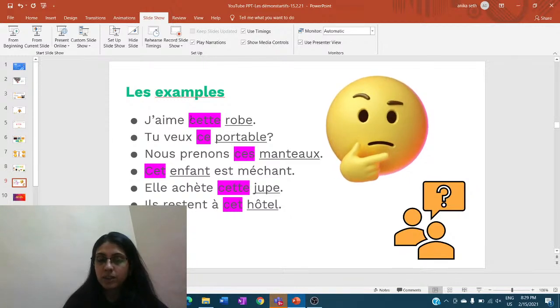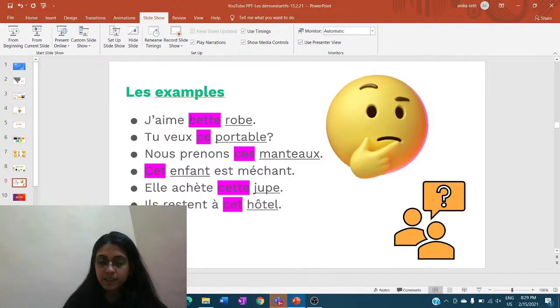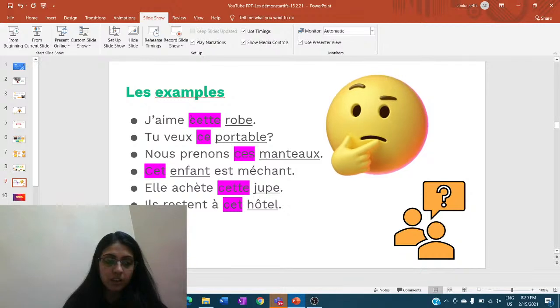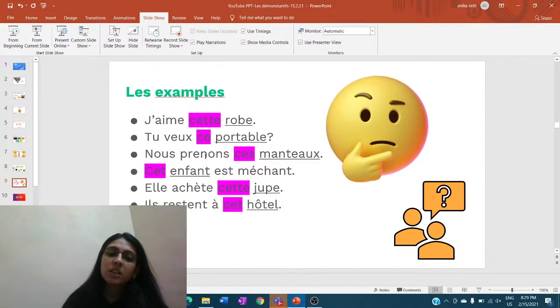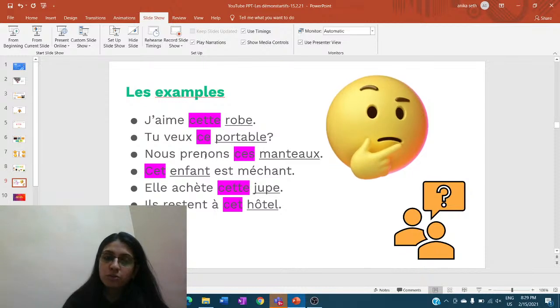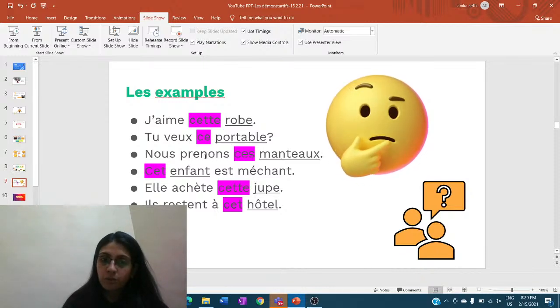I like this dress or that dress. Tu veux ce portable, you want this phone or that phone. So as I said, we can translate it in any way, this or that, in the singular form. So cette robe, ce portable. Third one, nous prenons ces manteaux. Manteau is in the plural form.